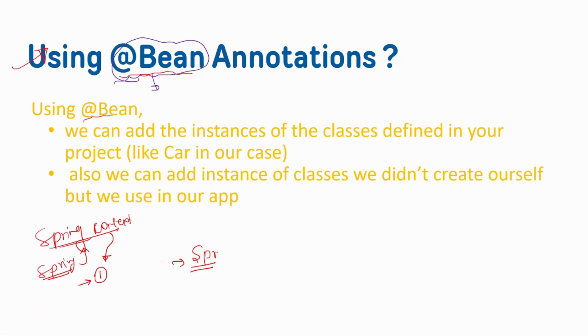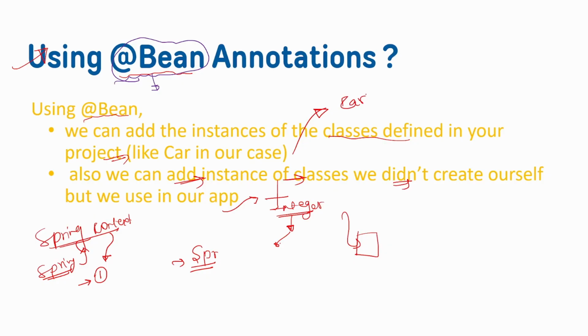Using the bean annotation, we can add the instance of a class that we define in our project, as well as the instance of a class that we didn't create ourselves but we use in our app. For example, Integer is a class that we don't define in our project, but we can add its instance to the context also using the bean annotation.